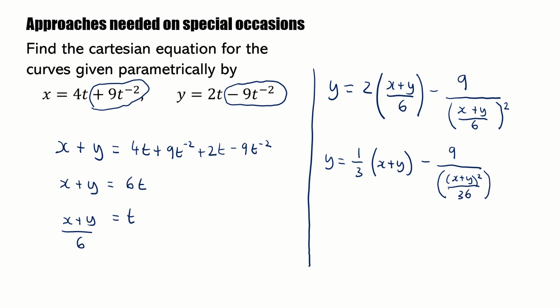But again, this is a fraction within a fraction situation, so the thing you might choose to do is then realize that if you're dividing by a fraction, it's the same as multiplying by the reciprocal of that fraction. So 9 times 36 divided by (x plus y) all squared, which will end up being 324 over (x plus y) all squared.